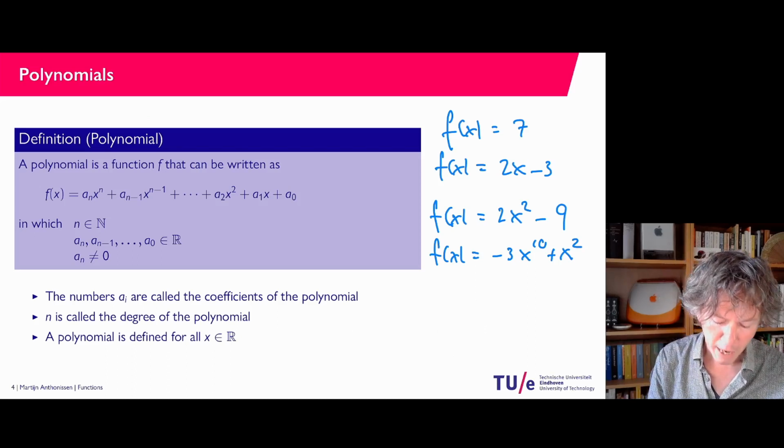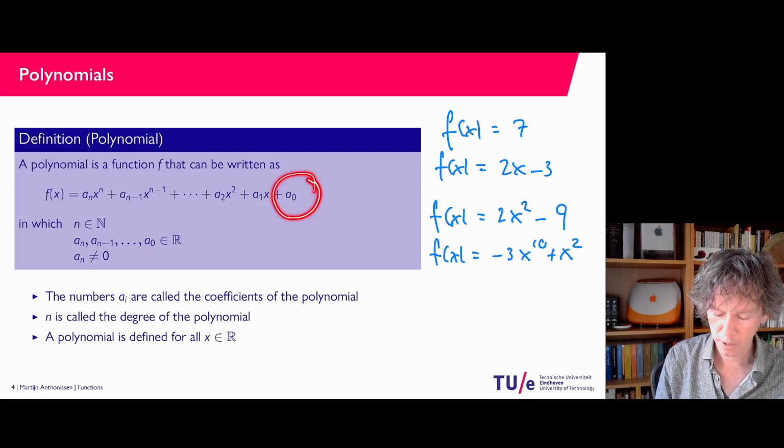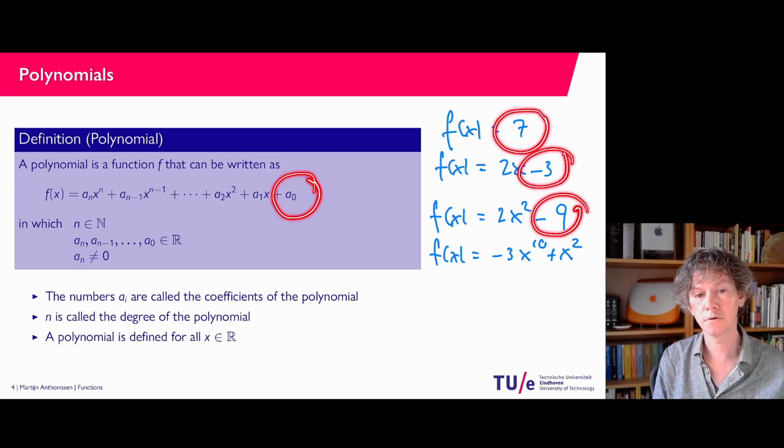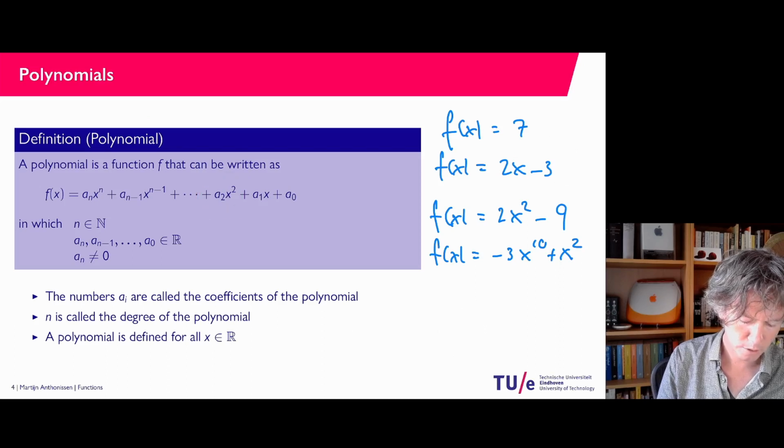So basically what we have is possibly a constant, like the 7, the minus 3, and the minus 9 here. And then going from the right to the left, some constant times x, some constant times x squared, all the way to some constant times x to the power n minus 1.